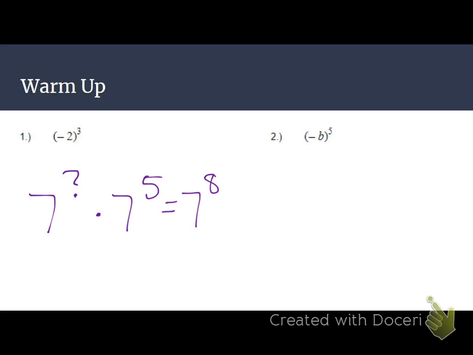Okay, so some people have already said the missing one is 3, and I would agree with that. In order to get the 8, we would have to add these exponents. So the missing exponent would have to be 3, because 3 plus 5 gives us 8.